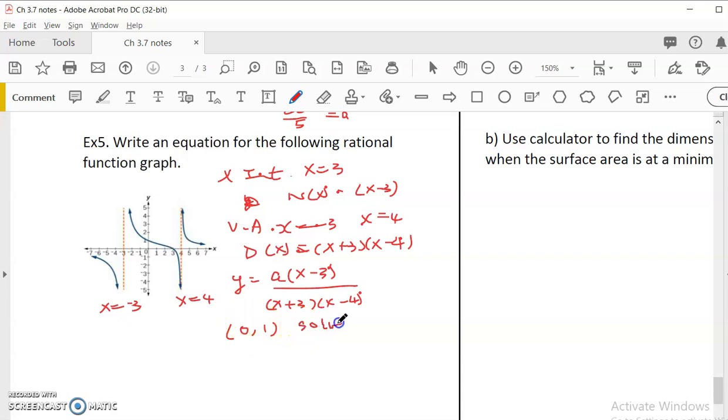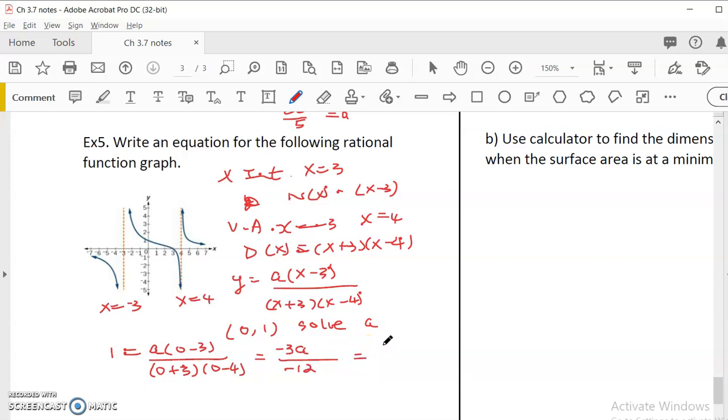Solve for a, very similar to what we did earlier. So you say 1 is equal to a times (0 minus 3) divided by (0 plus 3)(0 minus 4). So in the top we'll have negative 3a. In the bottom I have negative 12.